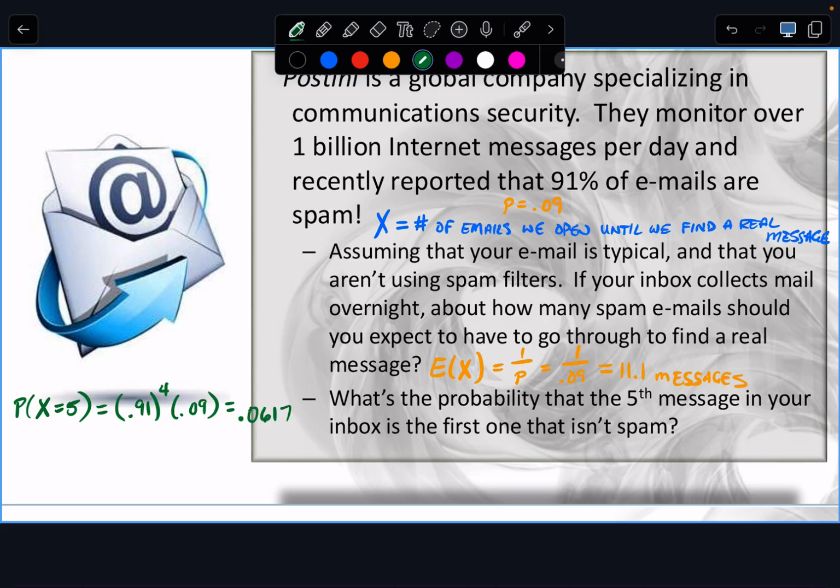Okay. So what we're saying is, on any given day, the probability that the first real message is the 5th one that we open is about 6.17%.